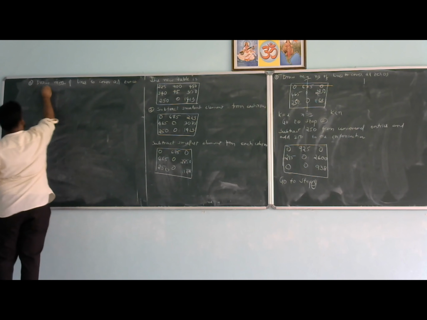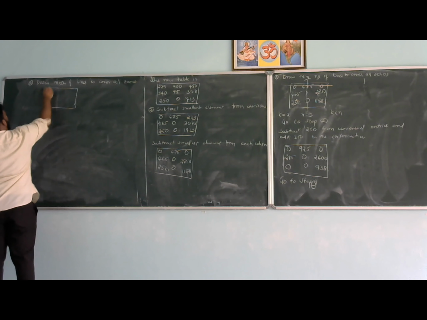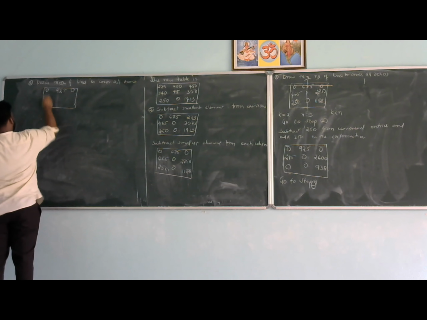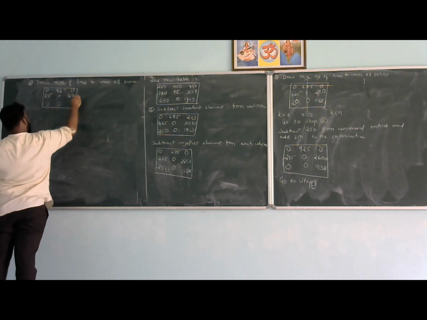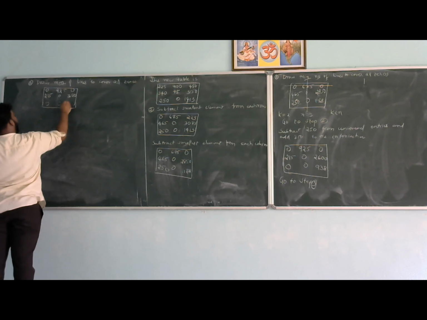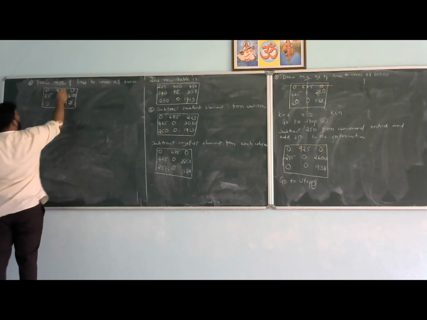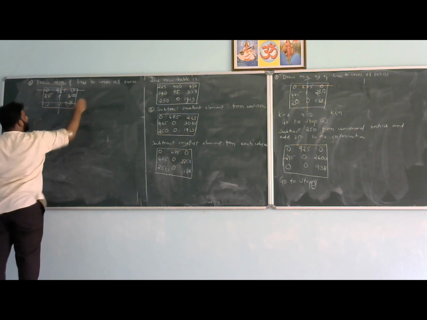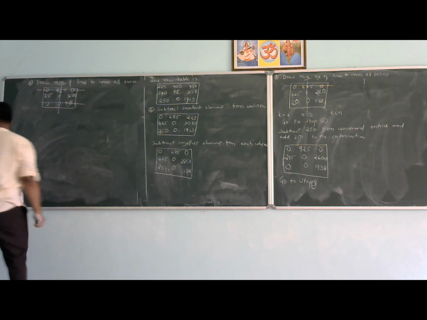Okay, so the table is 0, 925, 0, 215, 0, 0, 0, 2600, and 938. How many lines are required now to cover all zeros? 1, 2, 3. So here 3 lines are required to cover all the zeros.